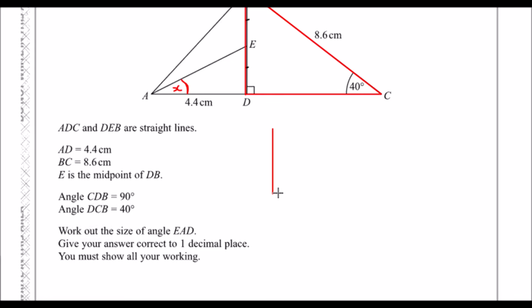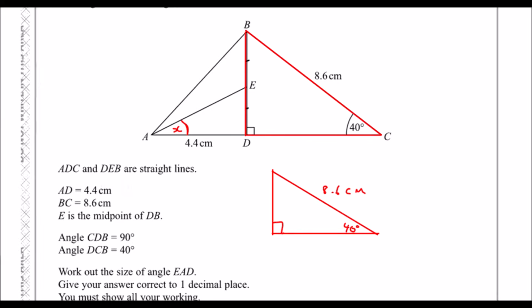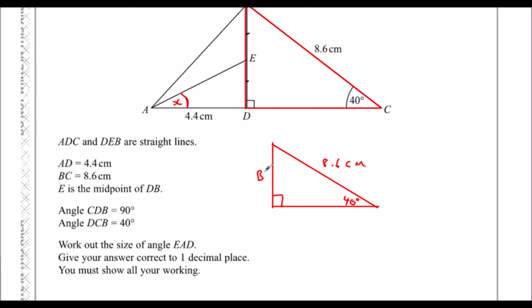So that's this triangle here. So we've got 40 degrees here, 8.6 centimeters, a right angle, and our length BD here.